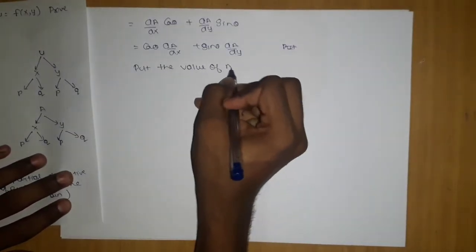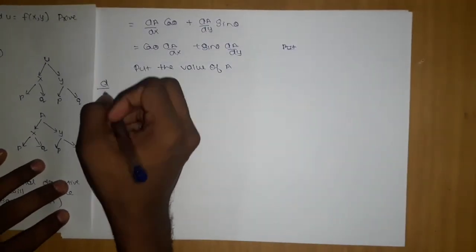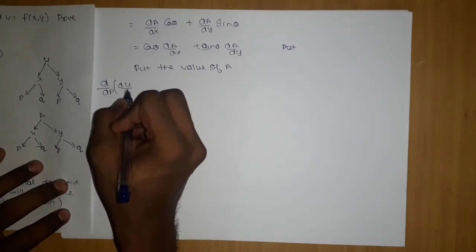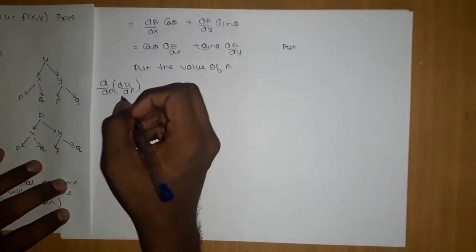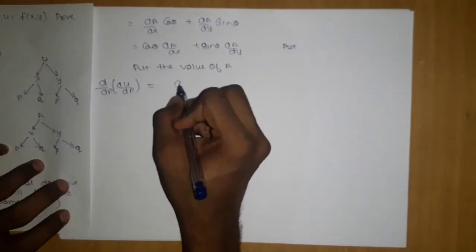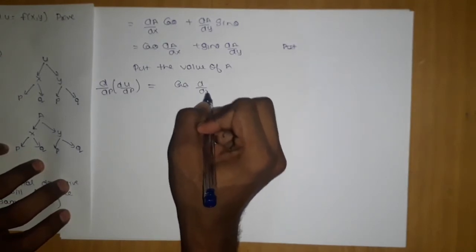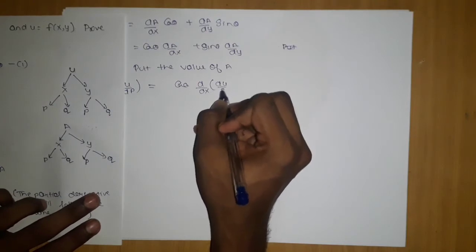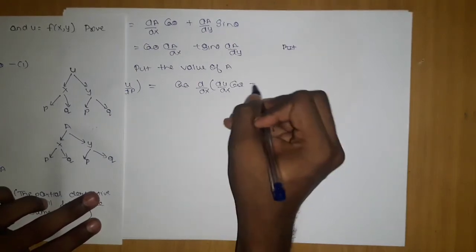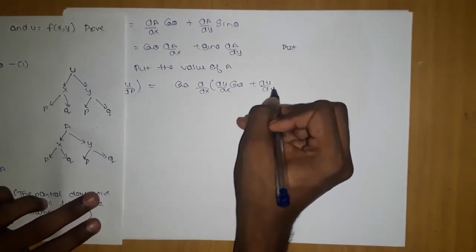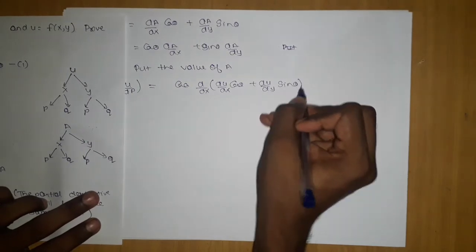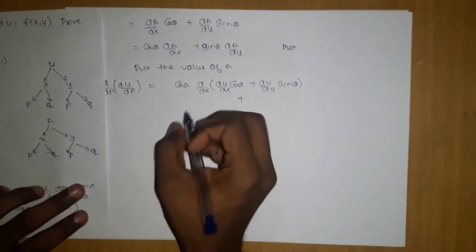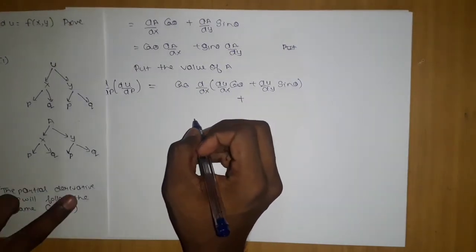of A. So here it will be ∂A/∂p, so it will be ∂/∂p of ∂u/∂p. As you can see, this cos theta will be as it is. It will be ∂/∂x of what was it, ∂u/∂x into cos theta plus ∂u/∂y into sin theta, plus what extra is there?